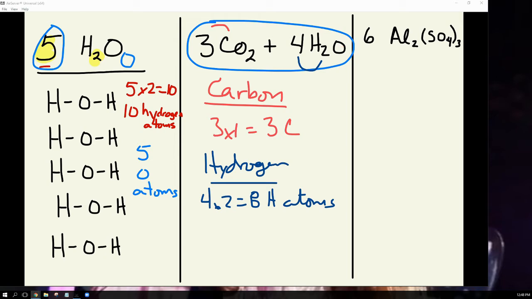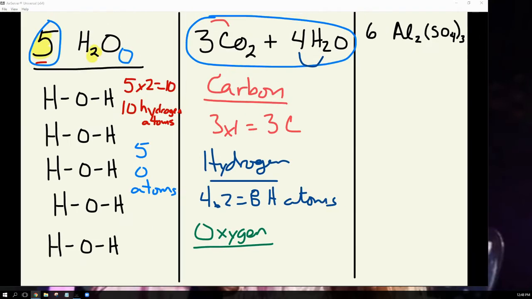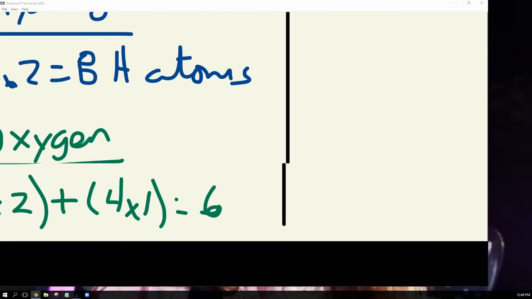But I just have to follow my math rules. So for oxygen, I have 3 times 2 plus 4 times 1. Okay, so that's going to equal 6 plus 4. I have 10 oxygen. I'll get a little bit bigger so you guys can see.